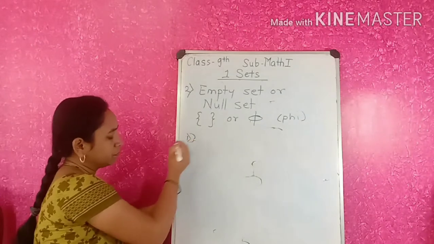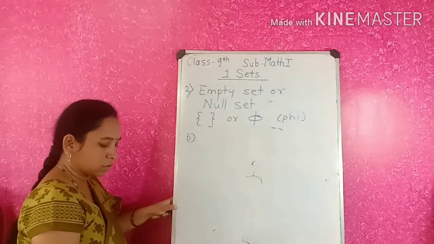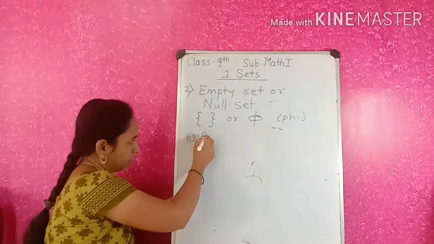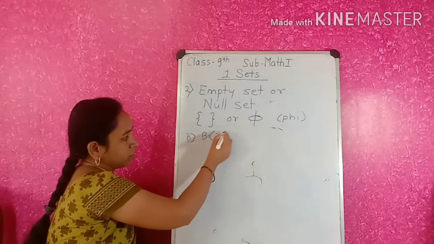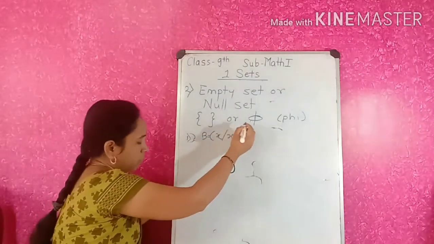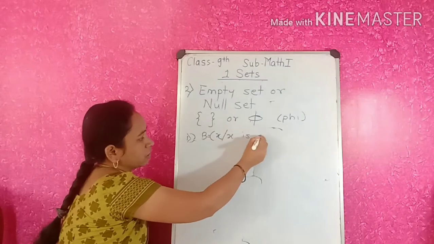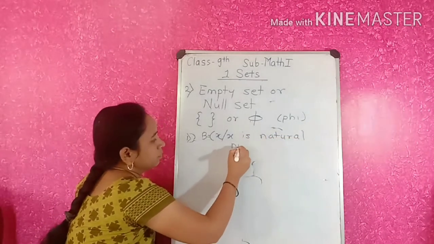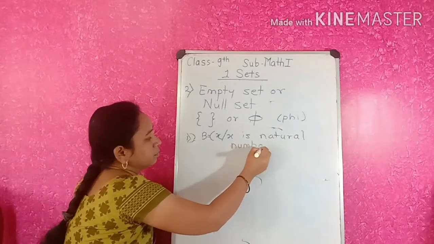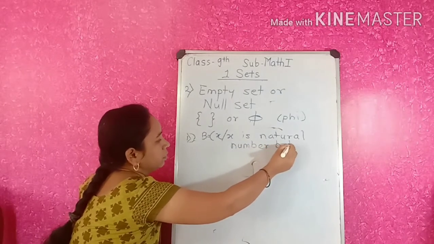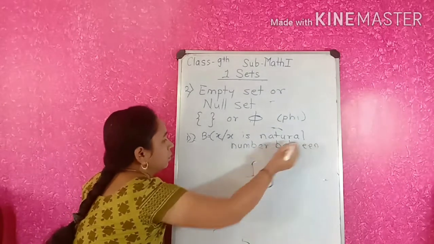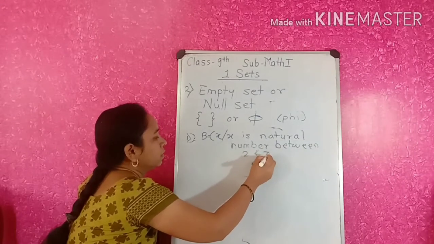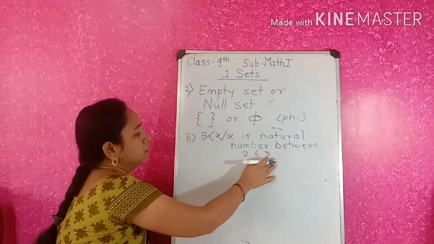First example, if I tell you B is a set of natural numbers between 2 and 3.